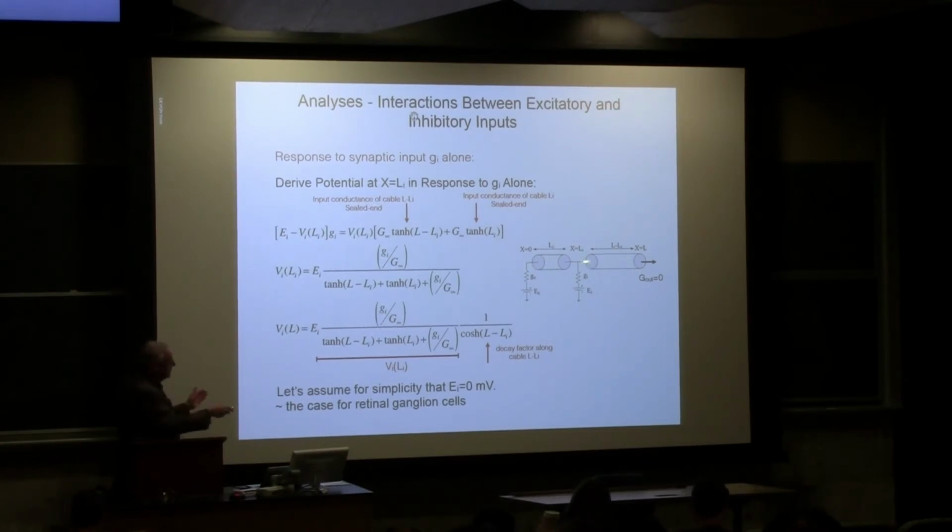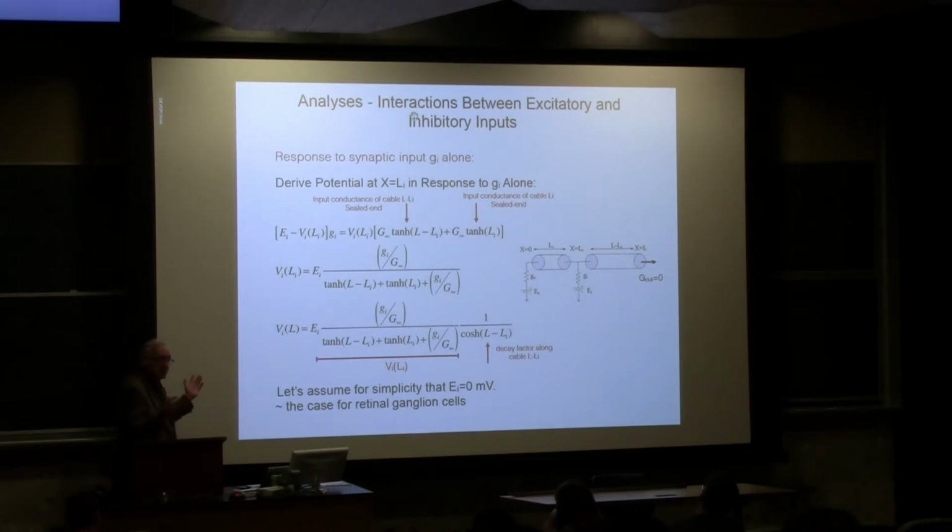It will take some time for that bolus of charge to reach this node. There's a propagation delay. And if we then turn on this inhibitory conductance at about the time that charge is moving past here, then this inhibitory conductance can effectively shunt that excitatory input and negate it.